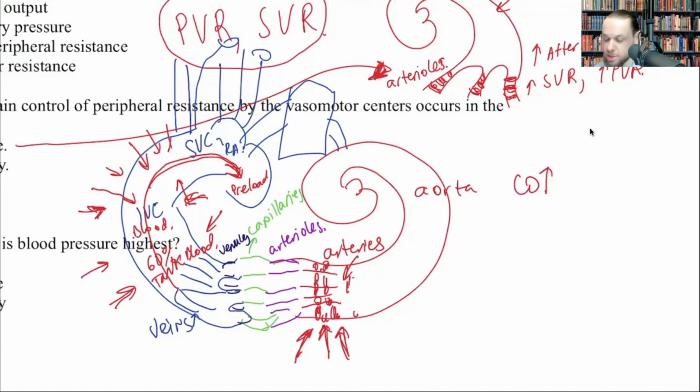Truly speaking, the systemic vascular resistance is going to be governed here at the arterial side, but you can mobilize some blood storage on the venous side to get a bigger preload and then vasoconstrict it further. All right, does that make sense?